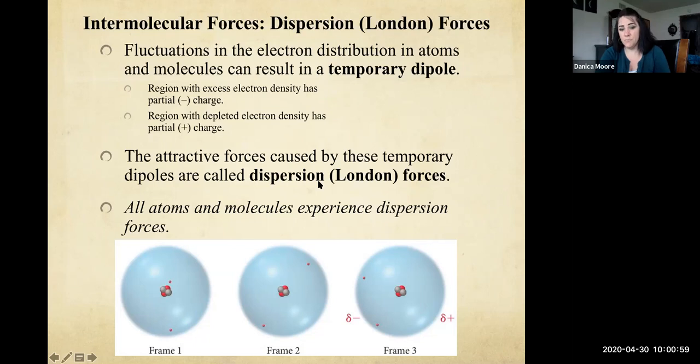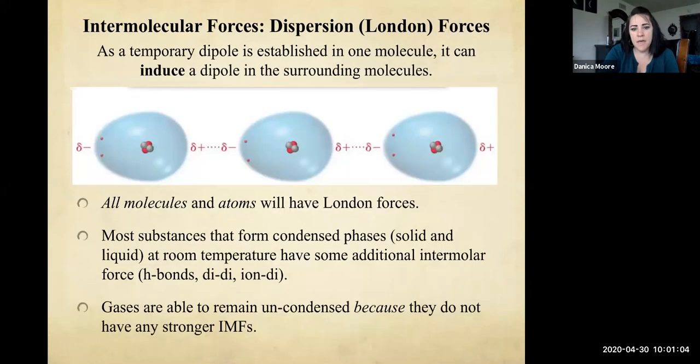It's the weakest because it's so temporary, and the only time that you end up having this induced dipole where it's more than temporary is usually under conditions of higher densities and higher pressures, right? When you're forcing these molecules to interact. Does that make sense?